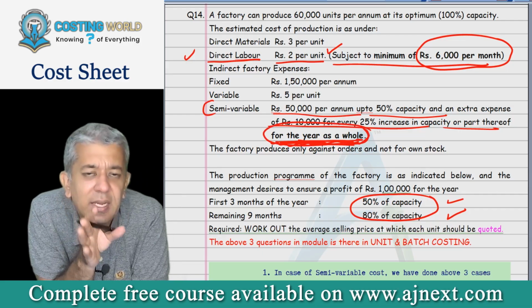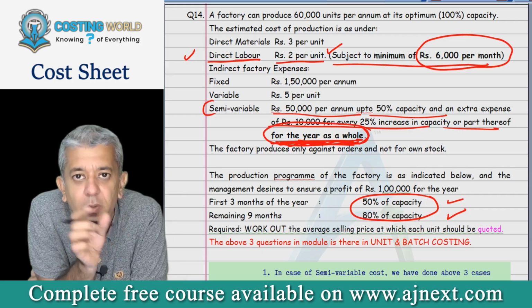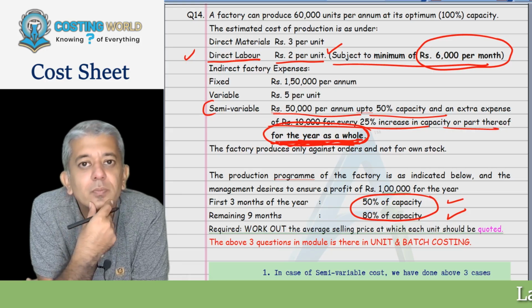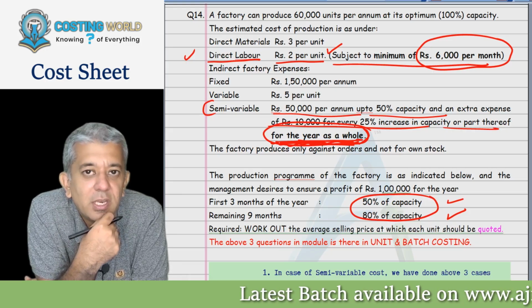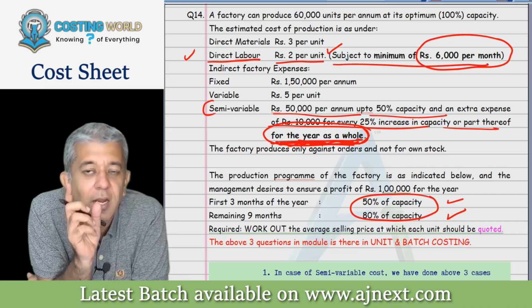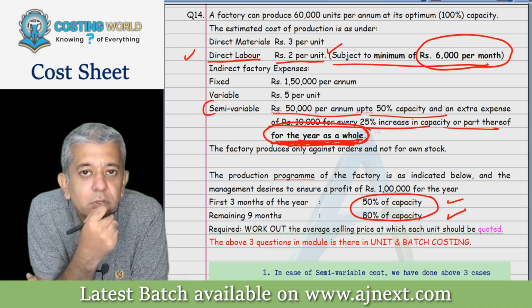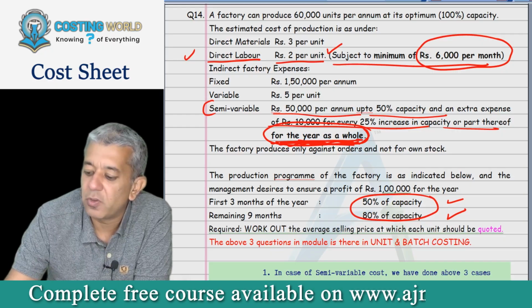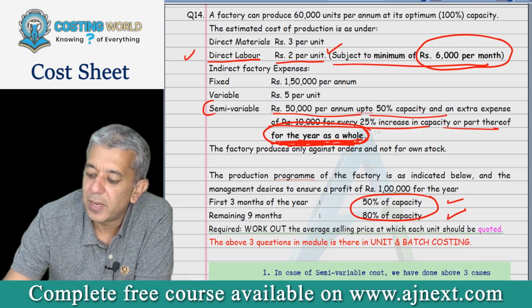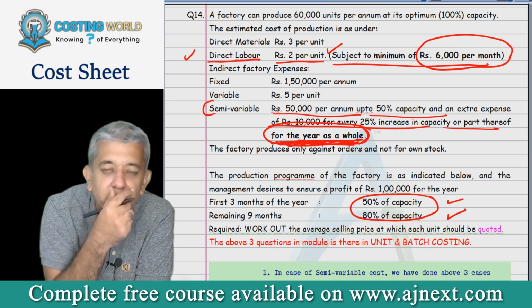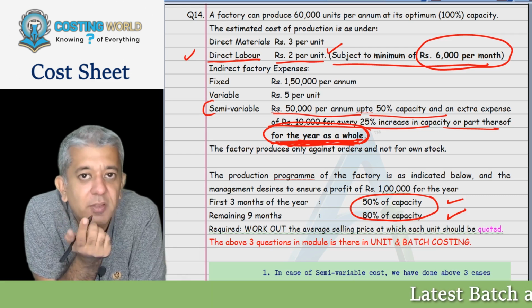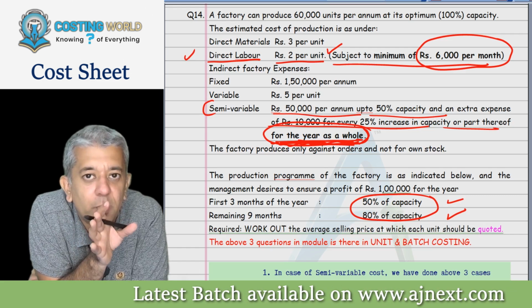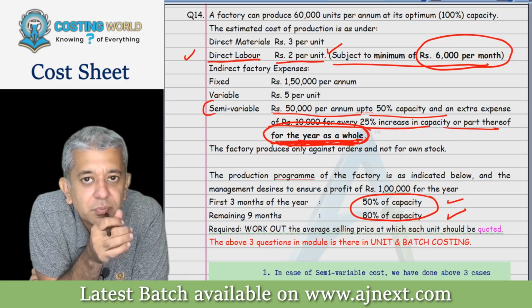Can we say in the entire year you are producing how many units? You tell me that number, please. 43,500. Can we say our 100% capacity is 60,000, no? You take your calci, 43,500 divided by 60,000 percentage. So therefore, your percentage capacity for the year as a whole is 72.5%. Is that all okay? Yes, sir.